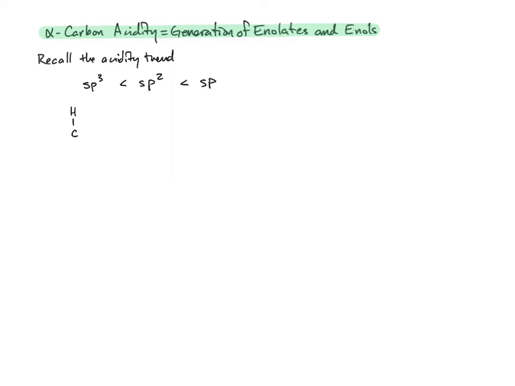So if we're just looking at, say, methane, which has an sp3 hybridized carbon, the pKa of that CH bond is approximately 50.